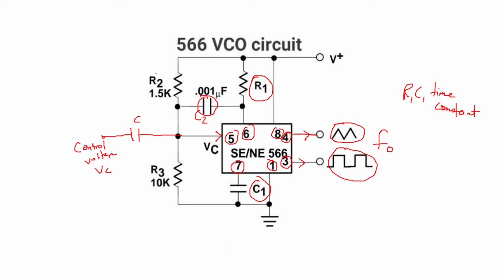Then you have resistances R2 and R3, which form a voltage divider network that decides how much the voltage VC applied to input pin 5 should be. So that will decide your control voltage. That means whatever control voltage we apply here will decide the output frequency. That means it is a voltage to frequency converter.